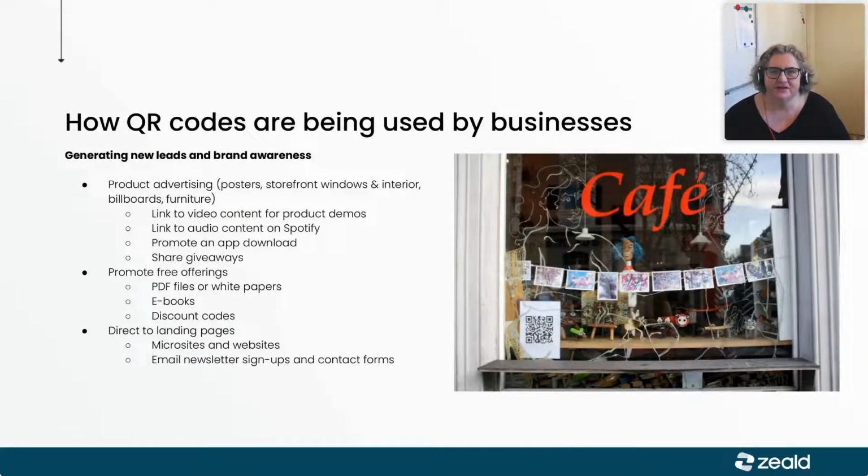So you can also use QR codes to help generate new leads and build brand awareness. So product advertising, obviously include a QR code in your posters, your advertising, your storefront windows, in the interior of your storefront, on billboards, on furniture, just wherever, like we were talking about, just add that value by creating new leads and brand awareness.